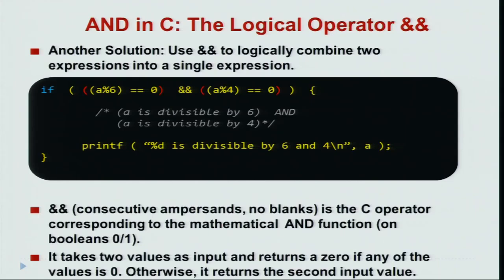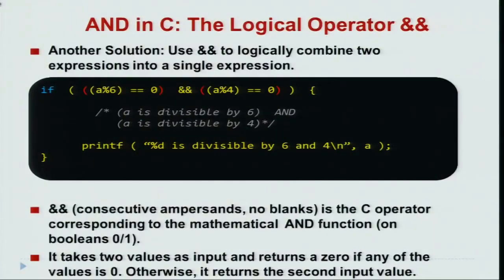Okay. Now that piece of code was slightly long. Is there any way to write the same code with a fewer number of lines? Okay. And for this, C provides what are known as logical operators. Now there are three logical operators in Boolean logic, which are Boolean AND, Boolean OR, and Boolean NOT. Okay.